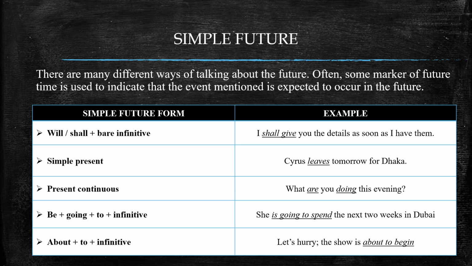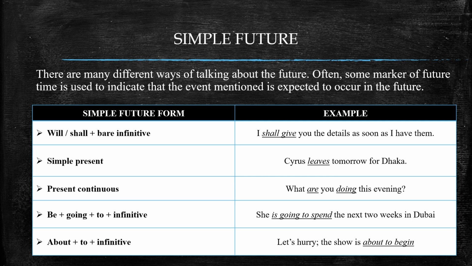Will or shall plus a bare infinitive. For example, I shall give you the details as soon as I have them. As simple present, Cyrus leaves tomorrow for Dhaka. So here the marker of future time is tomorrow.